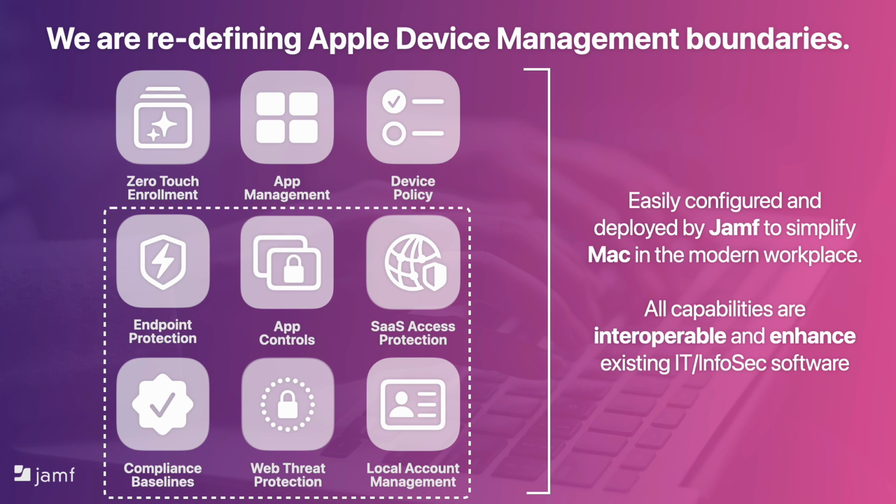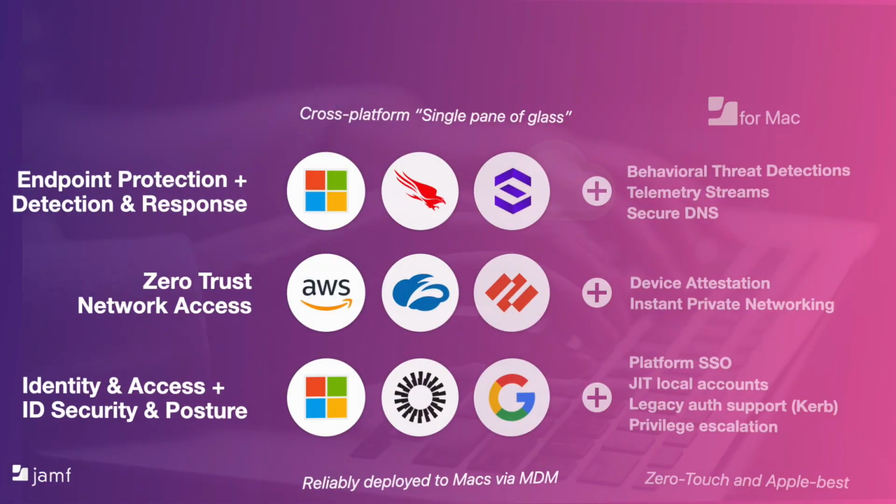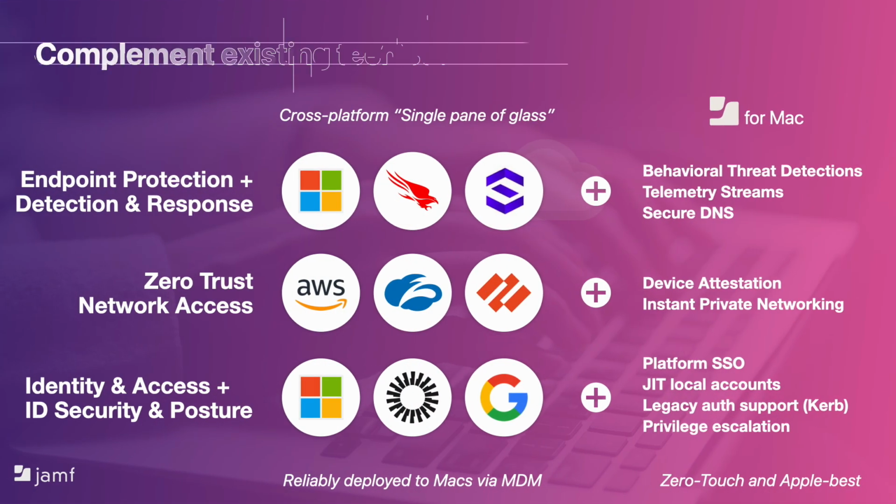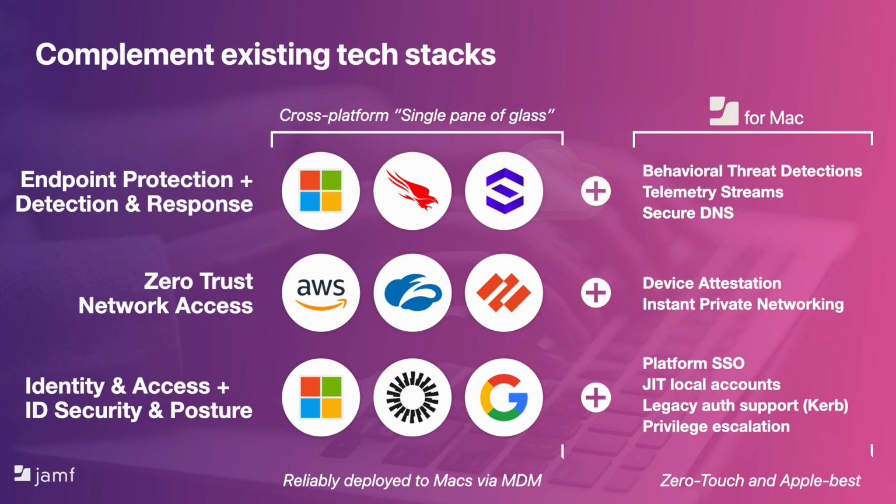Jamf does play well with others by complementing existing tech stacks. Signaling is shared with other ecosystem vendors that may be loaded onto the user's Mac, ensuring that security teams are confident their data is secure on their Apple fleet.